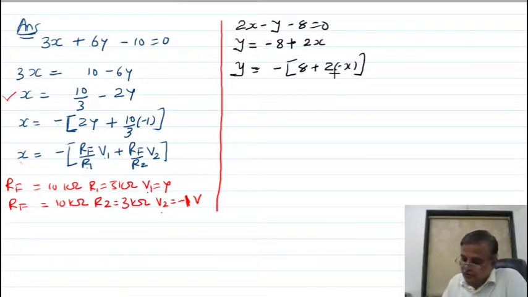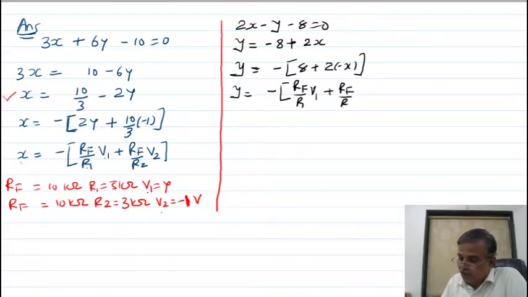So y is equal to minus, you compare with Rf by R1 into V1 plus Rf by R2 into V2. By this comparison I have to select such values of Rf, R1 and V1 that you will get 8, and such values of Rf and R2 and V2 that I will get 2 of minus x.